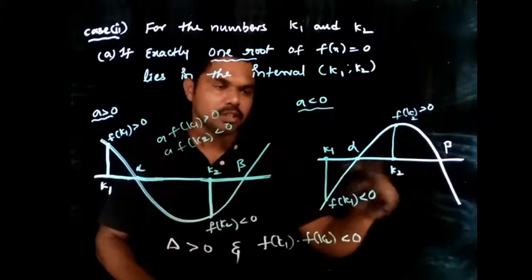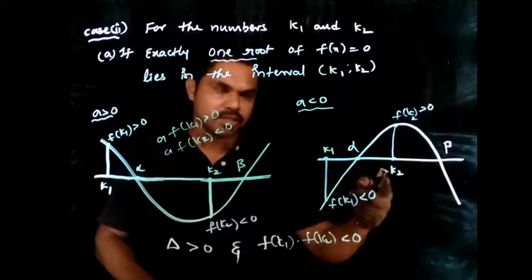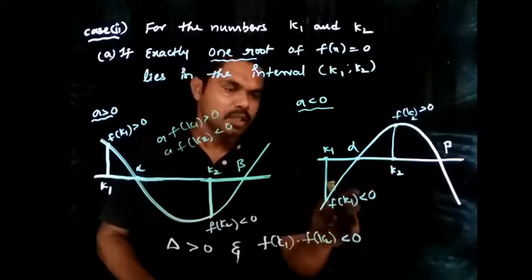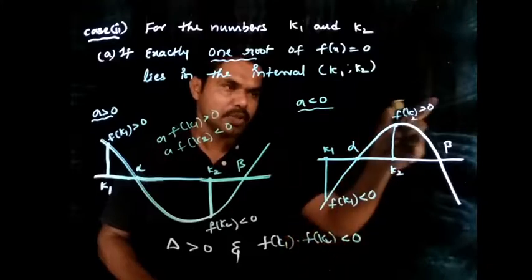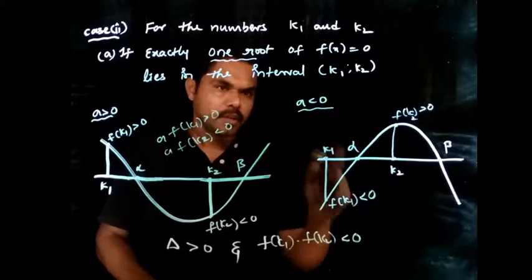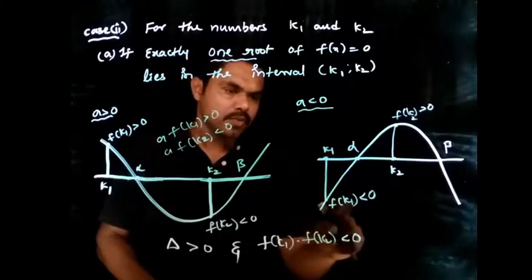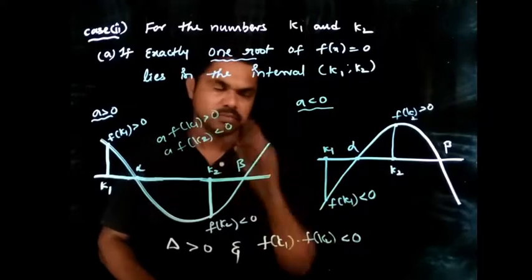Why different? Only when the roots are different can we identify any other constant in between alpha and beta. Right. Here f of k1 is less than 0, f of k2 is greater than 0. So negative into positive is negative. The same property we get. And a less than 0, f of k1 is less than 0, a into f of k1 is greater than 0.